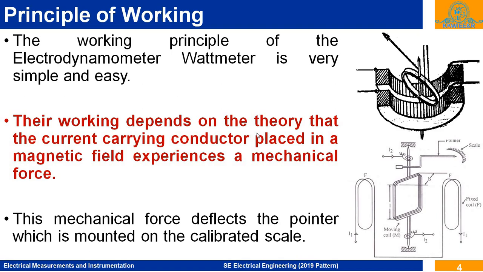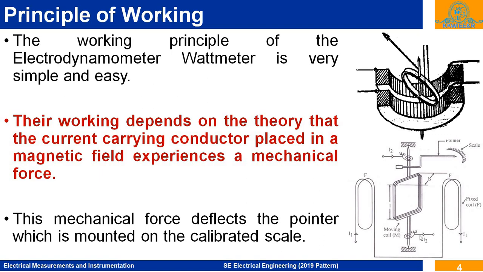Their working depends on the theory that a current carrying conductor placed in a magnetic field experiences a mechanical force. When this wattmeter is connected to the circuit and we switch on the load, load current is flowing through this fixed coil and the current proportional to the voltage is flowing through this moving coil.